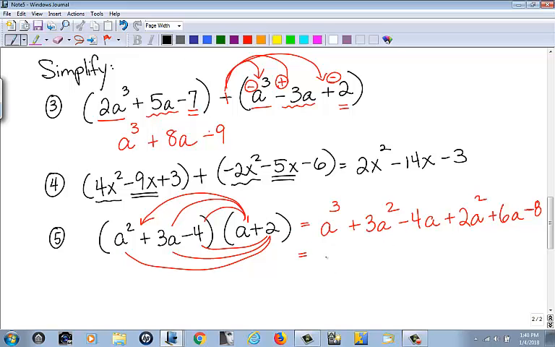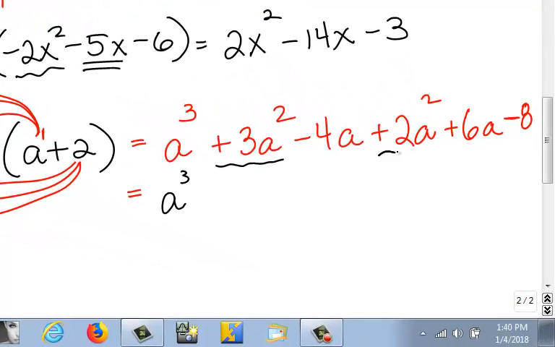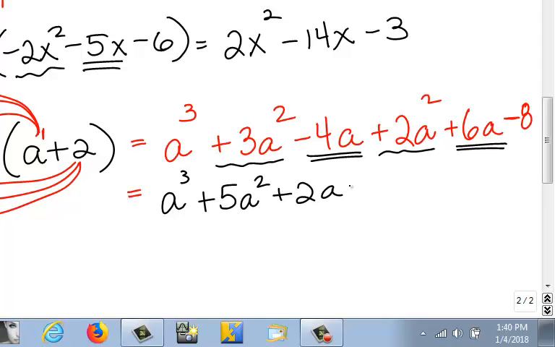The a cubed, that's the only one that's alike. And then you can combine this one with this one: 5a squared. And then you can combine this one with this one: 2a minus 8. Okay? Enough examples?